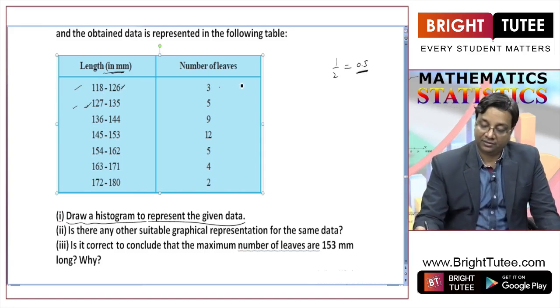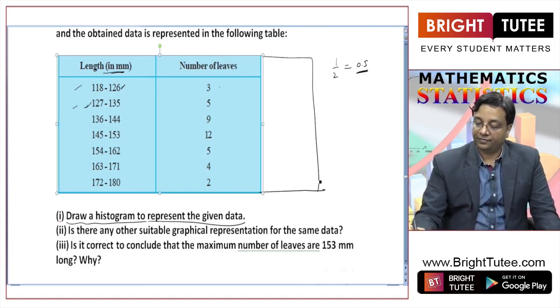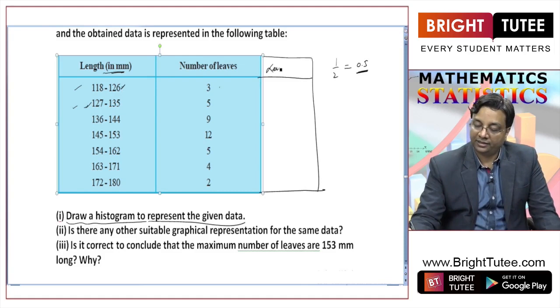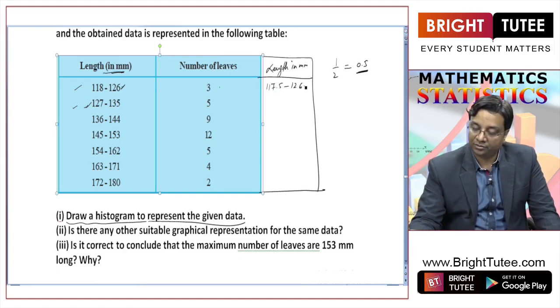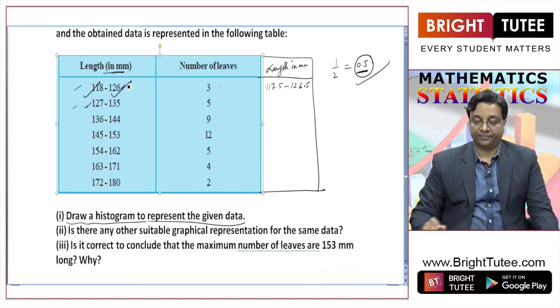So the first class will become, if I can write it here itself, length in millimeter, 117.5 to 126.5. I have just subtracted 0.5 from the lower limit and added 0.5 to the upper limit.